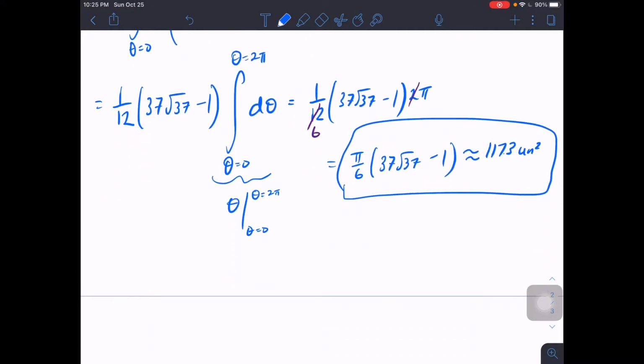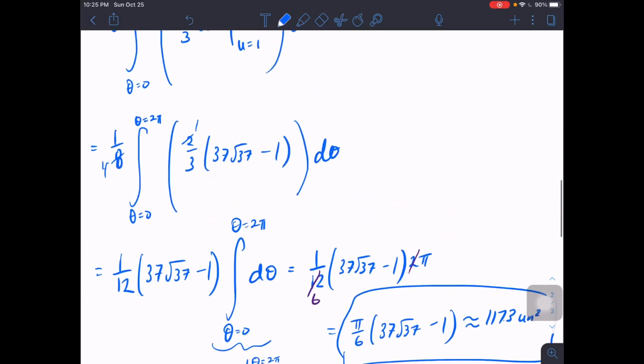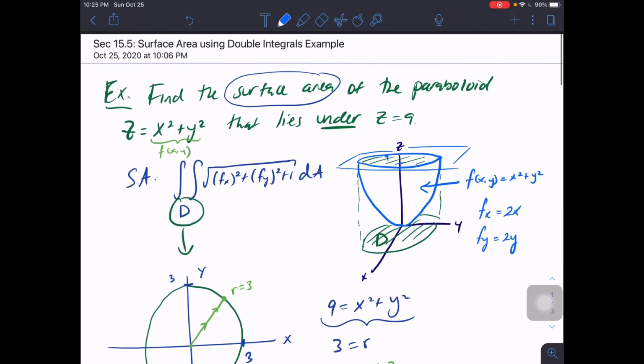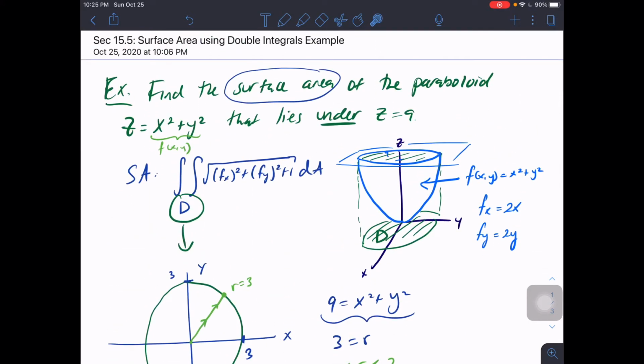All right, guys? So the important piece of this video is to keep in mind that you're not finding the volume of a solid underneath the surface of the region, right? You're finding surface area. And so usually the problems are not going to give you an explicit function out in the open.